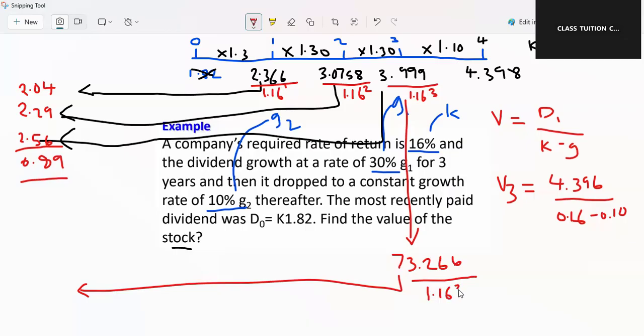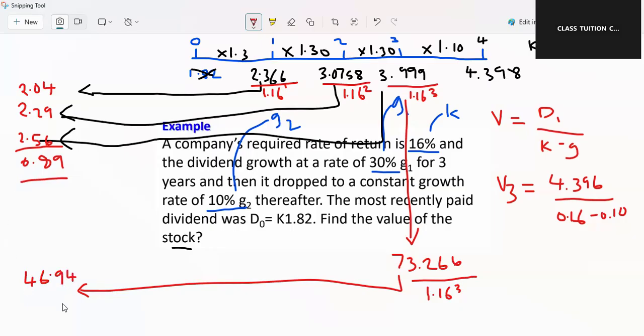So here, we are going to divide this answer by 1.16 to the power 3. So this value for phase 2 will be 46.93 or 94.